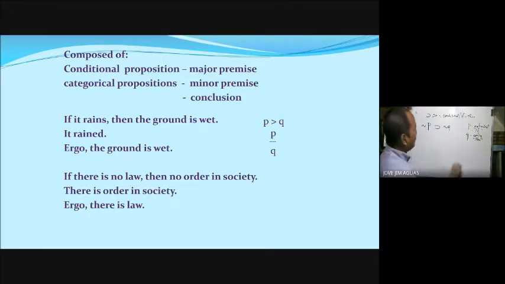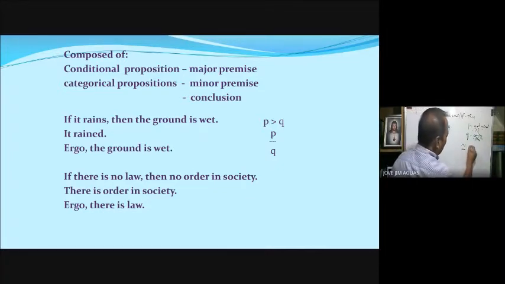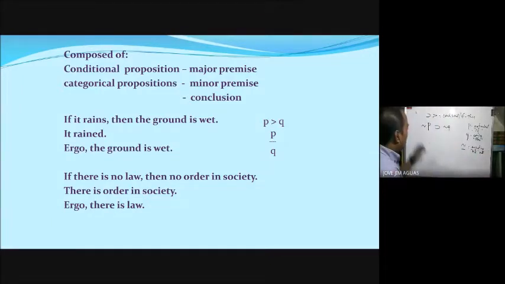We use the curl, or the negative sign, which means no, or not. So, if there's no law, then no order in society: not P, then not Q. Then there is order in society.